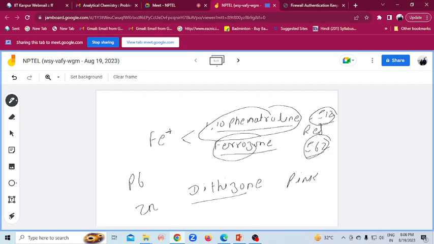So if lead is present, it will give pink color, and if zinc is present, it will also give pink color. If both are present, you cannot identify which element is present. So there are some limitations for this indicator, and we have to select the indicator wisely so that it can serve our purpose.